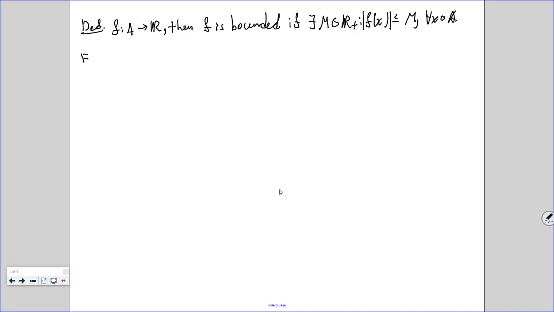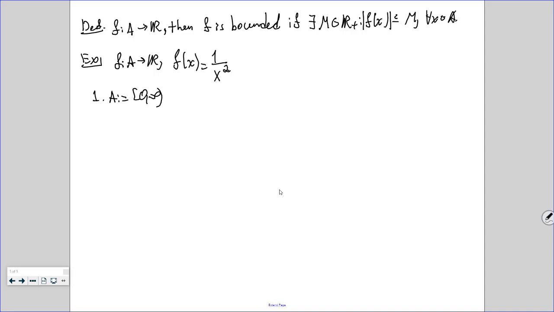Let's do a couple more examples to understand what we mean by bounded. Suppose we have a function f from A to R. The function f is defined by f(x) equal to 1 over x squared. Let's suppose our domain is from 0 to infinity.